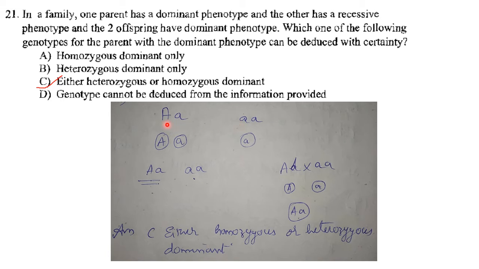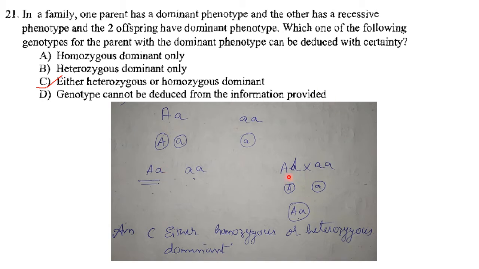Whereas for the recessive phenotype, it will always be small a small a. So if it was capital A small a, then you will get offsprings capital A small a and a recessive offspring also. But they have told that two offsprings have dominant phenotype. So it will only be this particular genotype for two offsprings, that is capital A small a.